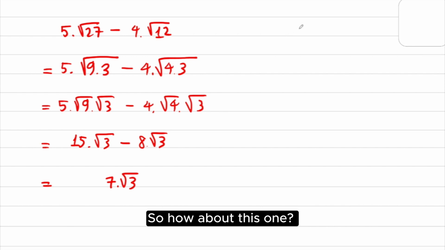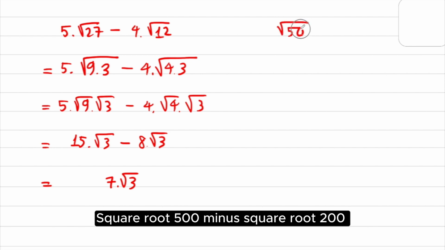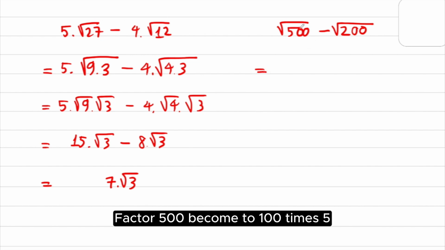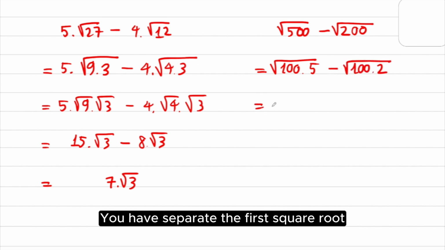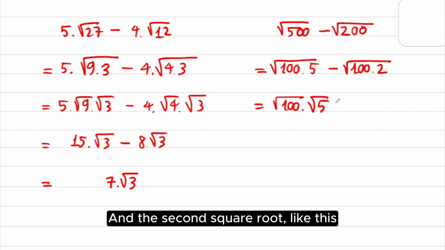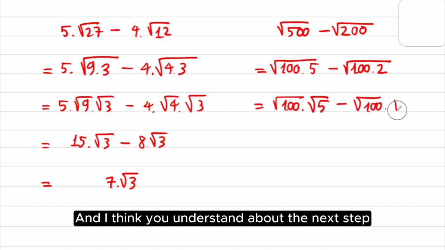So how about this one? Square root 500 minus square root 200. Okay, factor 500 into 100 times 5, and factor 200 into 100 times 2. Then you separate the first square root and the second square root like this, and I think you understand the next step.